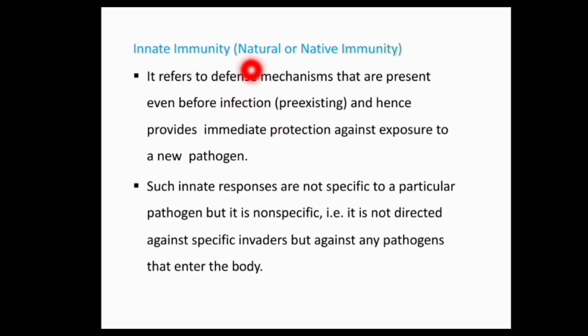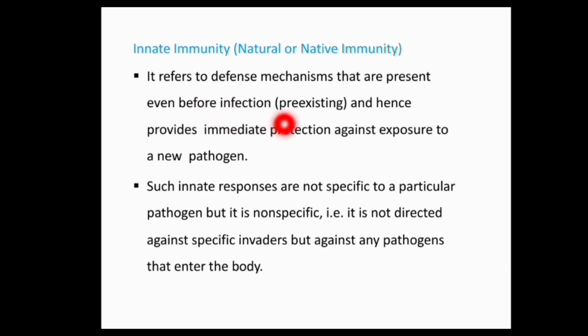First, innate immunity. It is natural or native immunity. It refers to defense mechanisms that are present even before infection and hence provide immediate protection against exposure to a new pathogen. It is already present in our body before the infection.